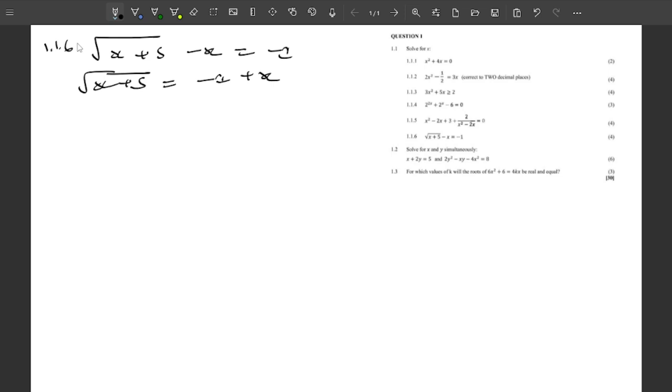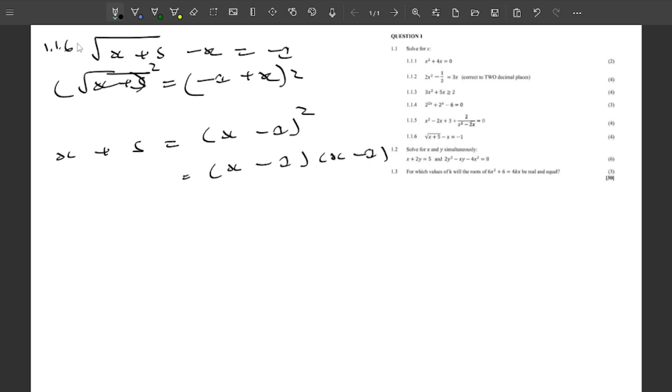Since I isolated it, I can now square both sides, and I would have x plus 5 on this side, and here it would be x minus 1 squared. Remember that the x is positive, and I can start to expand it and solve it, which will be x squared minus 2x plus 1.